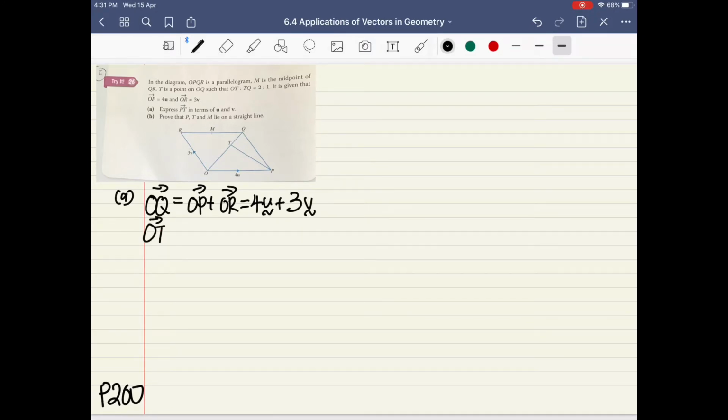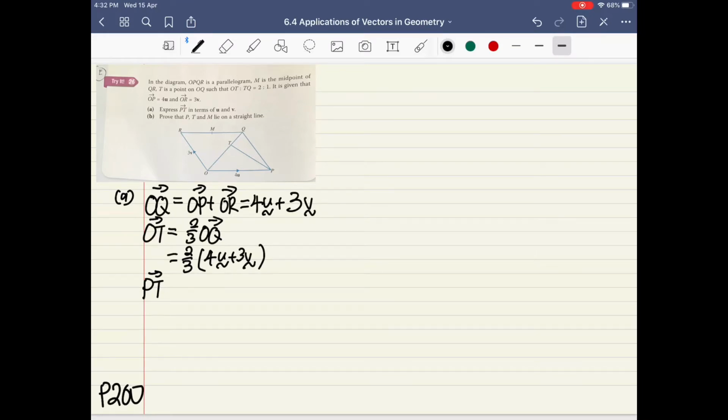So the vector OQ is equal to 4U plus 3 of vector V. Then it is given that OT is equal to 2/3 of OQ. So hence OT is 2/3 of 4U plus 3V, which we found from above.